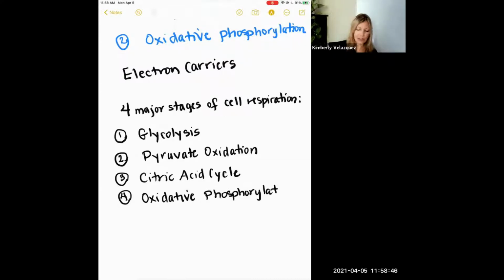Oxidative phosphorylation is going to have 2 major parts. One is the electron transport chain, and then the other is chemiosmosis.